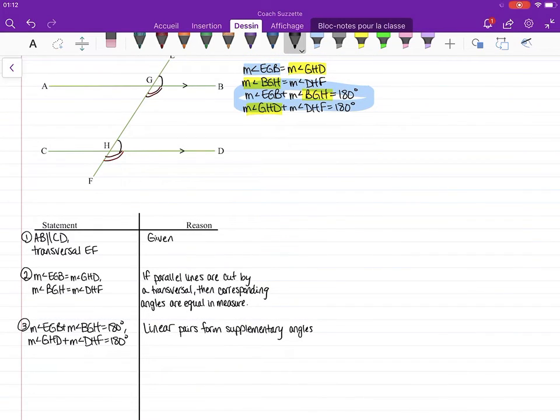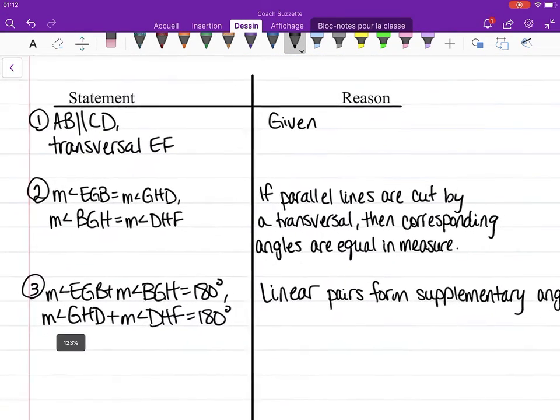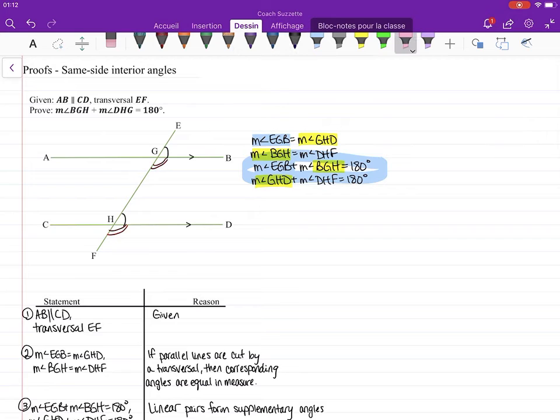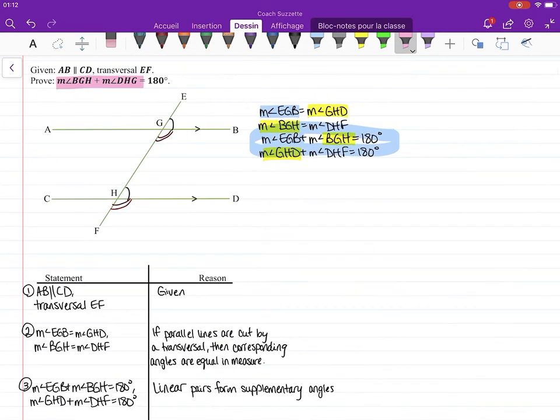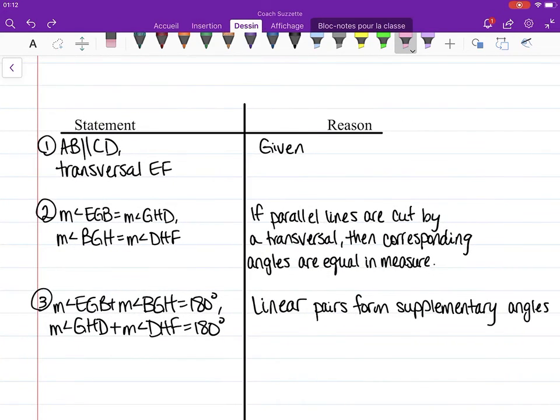Okay. And then by substitution, because what we need again is BGH plus DHG. We need BGH plus GHD. We know BGH is equal to DHF, so that means I can write BGH right here.